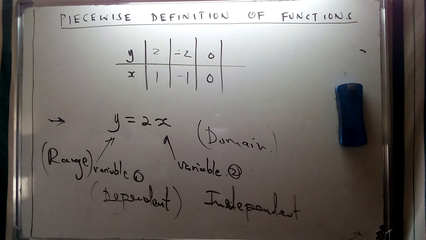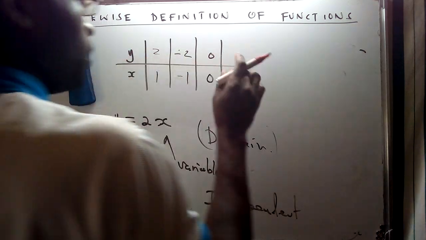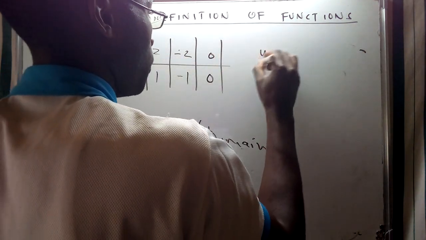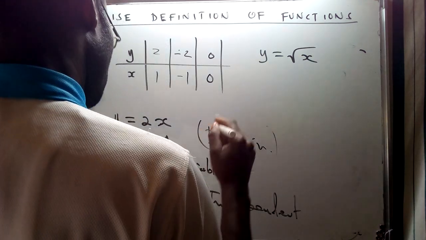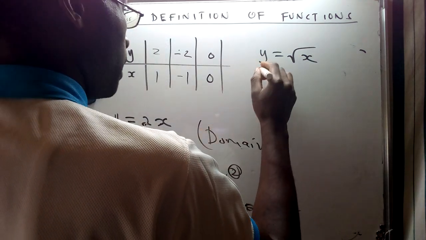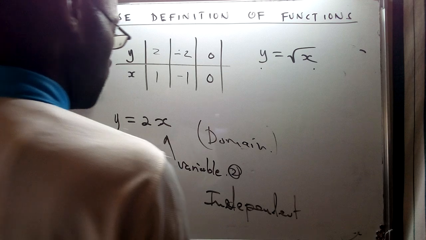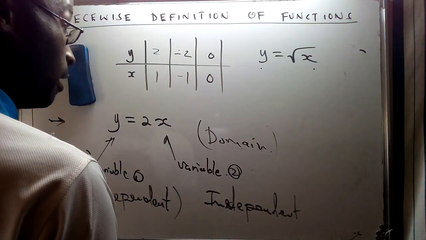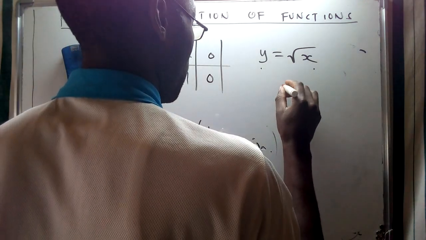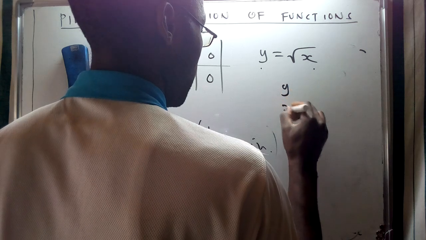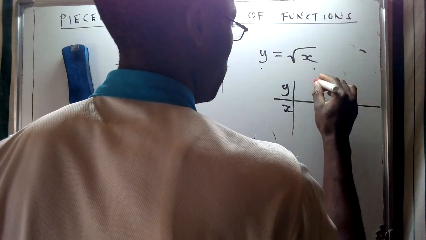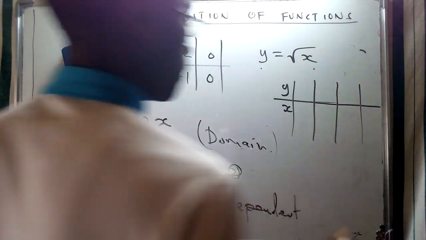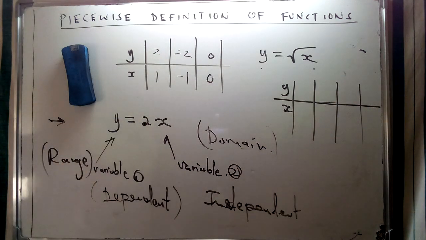Now, if we consider the equation y is equivalent to the root of x, we can assign the aspect of the range and the domain, and we're going to see whether each value in the domain has one corresponding value in the range.